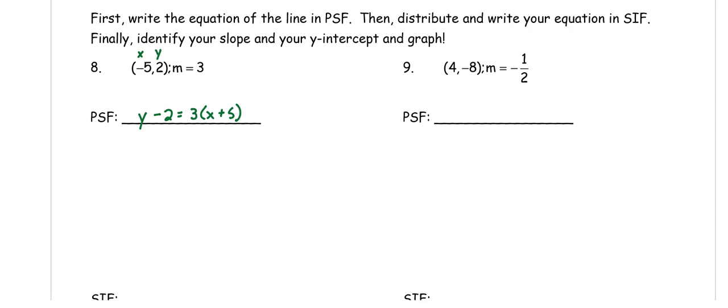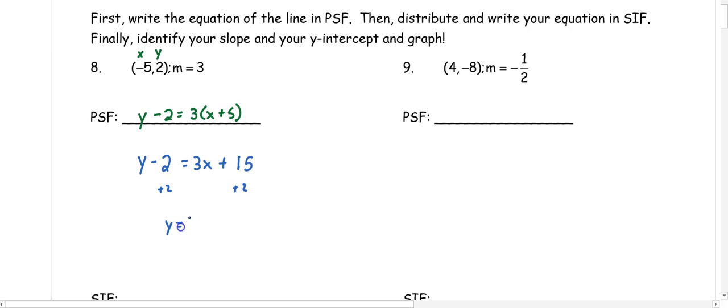To move to slope-intercept, I'm going to distribute first, so y minus 2 equals 3x plus 15. Then I'm going to add 2 to both sides. So y equals 3x plus 17.